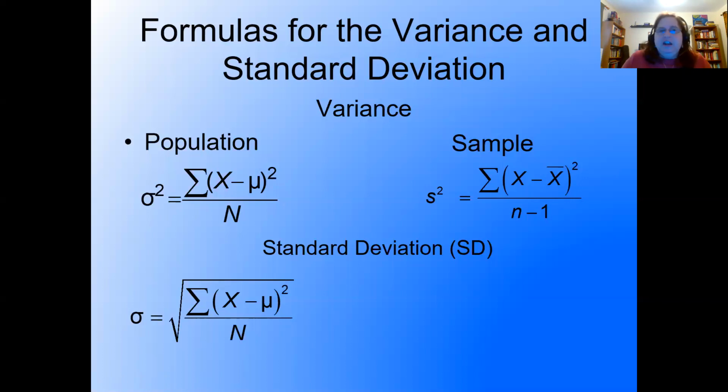Now there is a rationale behind this. I often get asked at this point, why n minus 1? And it has to do, I can only briefly explain right now, we'll get to a better explanation later on, I promise. But right now all I can tell you is that sample is more of an estimate than population, and we are adjusting for that estimate by doing n minus 1.